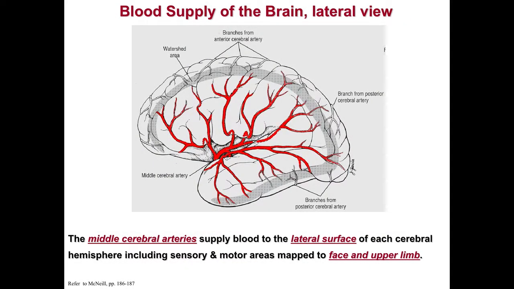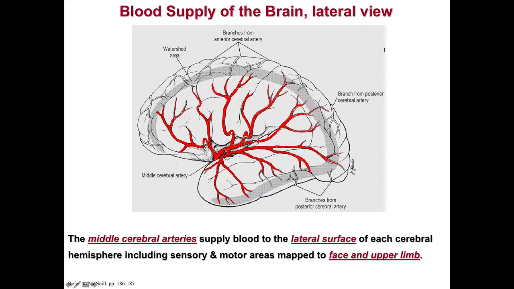So then let's come back to looking at these different types of blood supplies that we were talking about for the middle, anterior, and posterior cerebral arteries, and think about what's going on in these different depictions. The middle cerebral arteries supply the lateral surface of each cerebral hemisphere.